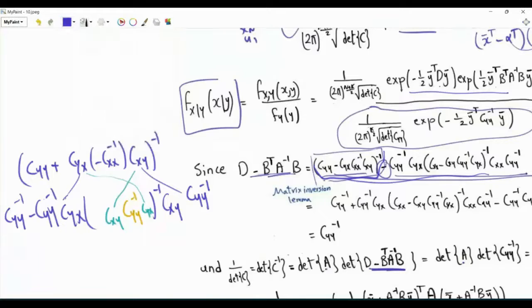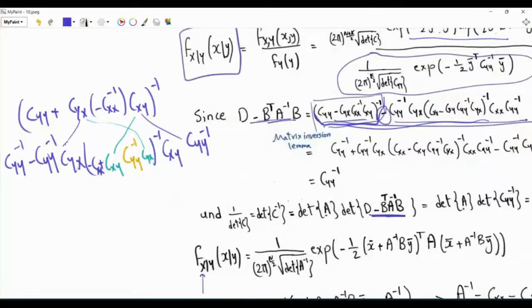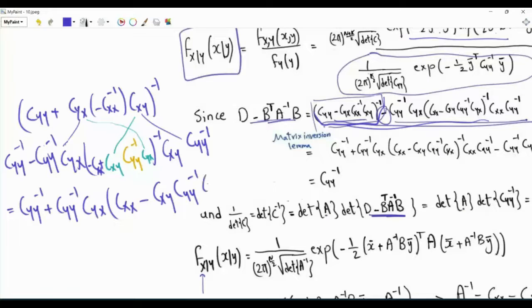And then finally, we have the inverse of this guy here. Now take a minus sign from this bracket. And so this is equal to CYY inverse plus CYY inverse CYX, now CXX minus CXY CYY inverse CYX, all inverse, CXY CYY inverse. So it seems more complicated than the original expression.